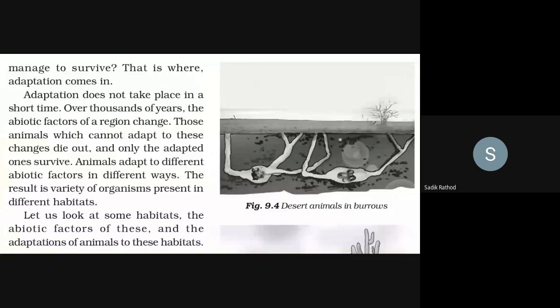Adaptation does not take place in a short time. Over thousands of years, the abiotic factors of a region change. Those animals that cannot adapt to this change die out, and only the adaptive ones survive.